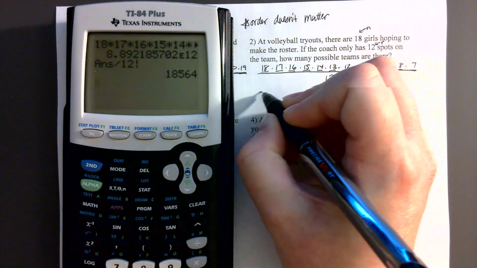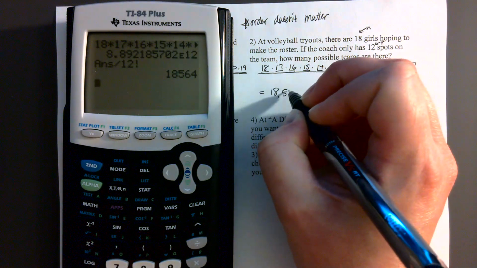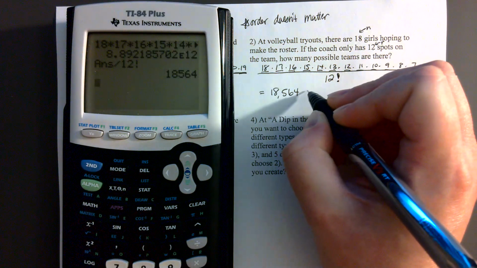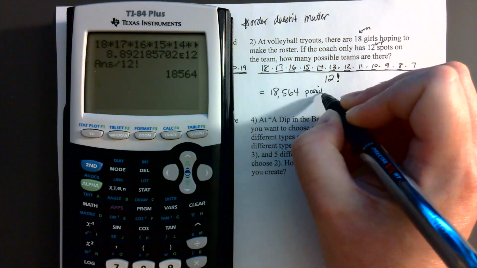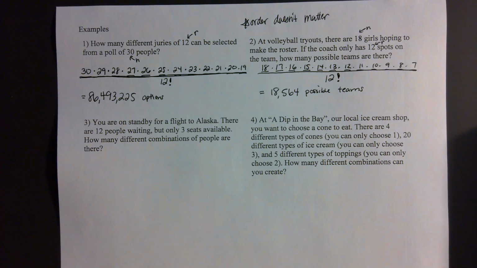And we get 18,564 different ways, or possible teams that we can create, because the order in which they make the team doesn't matter.